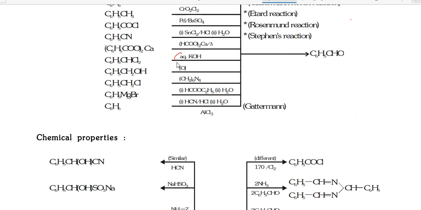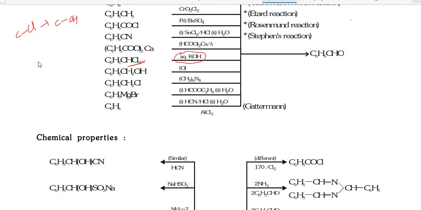Next reaction, aqueous KOH. In the presence of aqueous KOH, what will happen? This benzyl position chlorine is there. The chlorine will be replaced by OH. CCl becoming COH. Okay, this is the function of aqueous KOH: OH comes in place of chlorine.